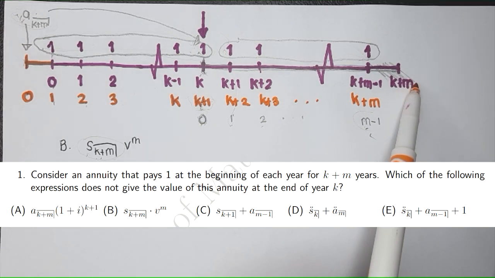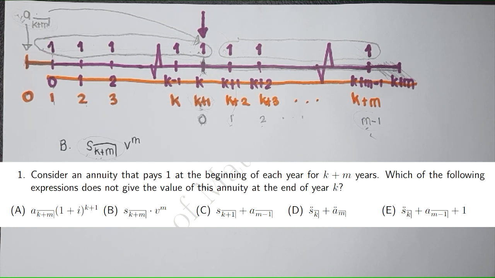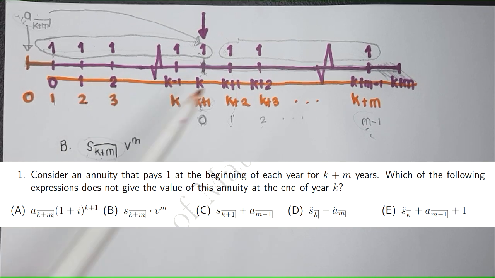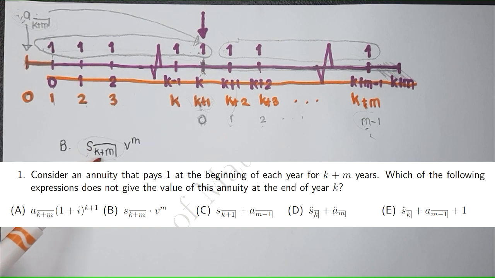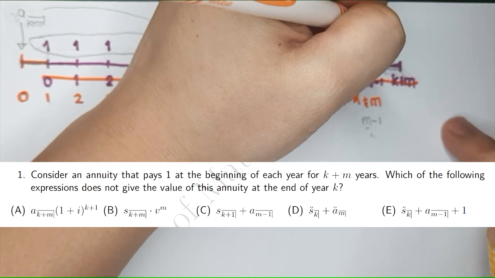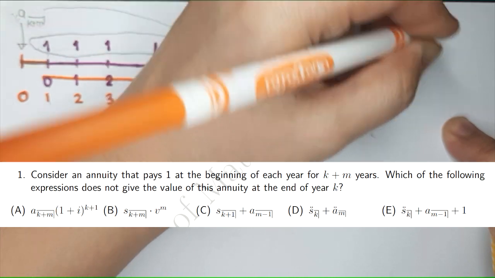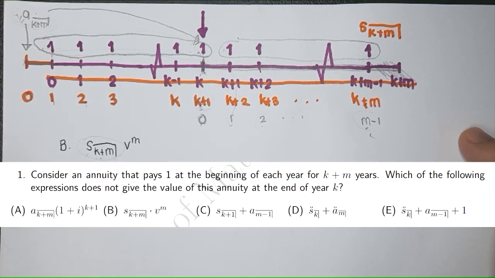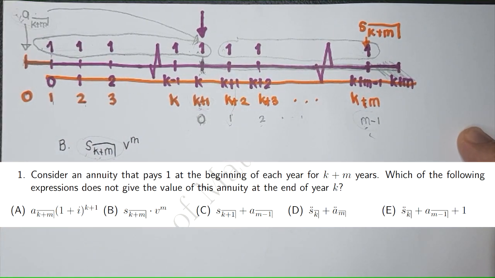So, parang i-disregard ninyo ito. It's like payments are made at the end of each period for K plus M years. So, itong S angle K plus M, nandito siya. Nandito yung value na S angle K plus M. Di ba ganun kapag annuity immediate?